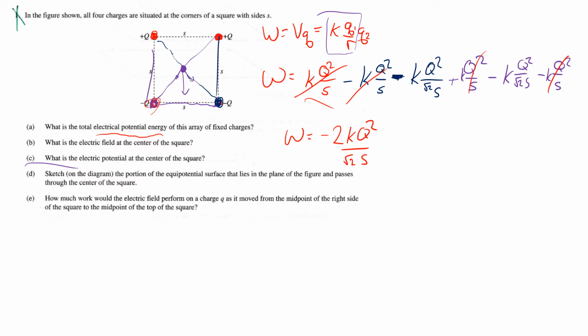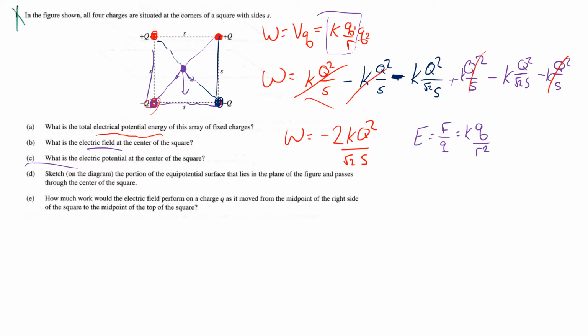Let's see if we can, oh, sorry, I missed one. Let's figure out the field. So your field, remember these are vectors, so you're just going to add them together, is going to equal your force over Q, which means that you're going to get K Q over R squared.